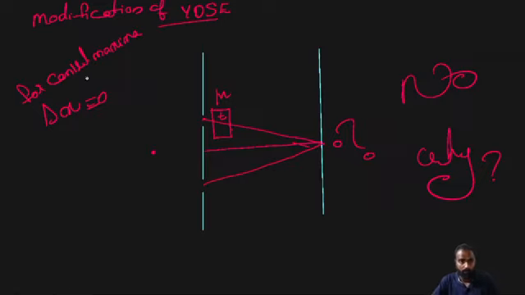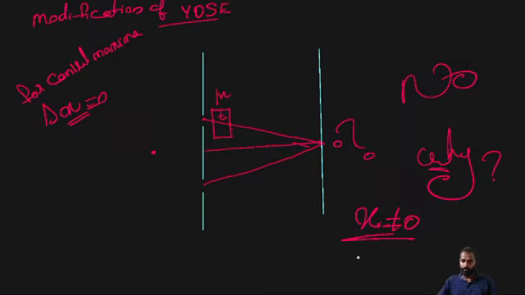For central maxima this delta x should be 0, and after introducing this glass slab of thickness T and refractive index mu, we won't get a central maxima here. Then asking why? Because after introducing the glass slab, delta x is not 0. That is the case. We answered why.